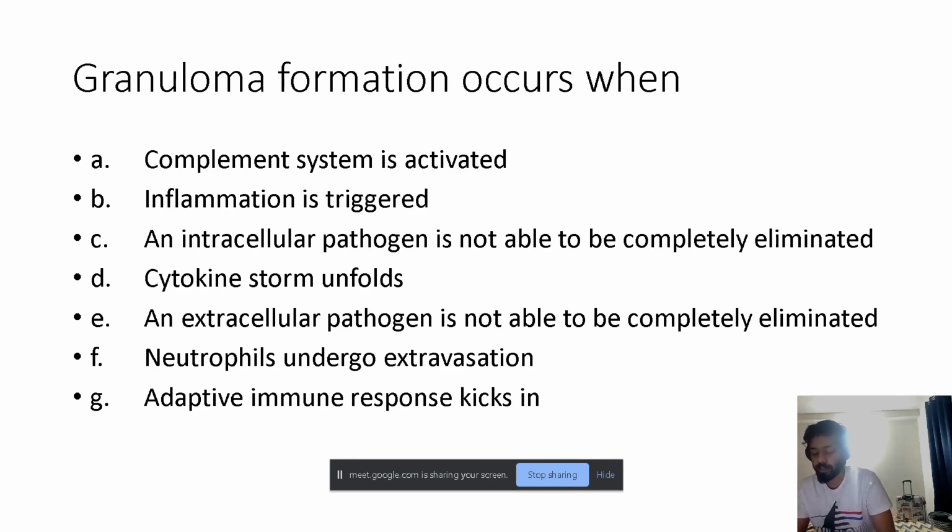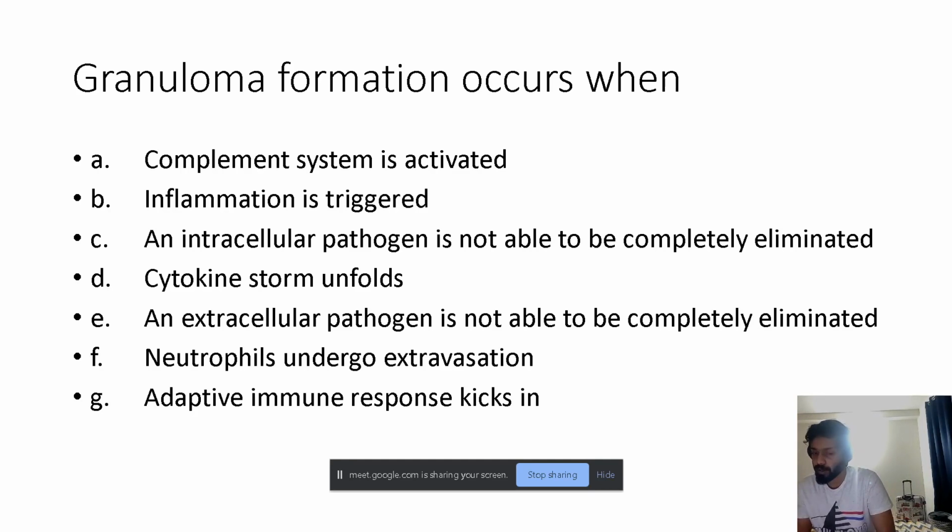To briefly explain what happens in tuberculosis, Mycobacterium tuberculosis, the bacteria, will enter the lung and get engulfed by the macrophage, right? So the macrophage will eat it up, but the problem is the bacteria is able to survive in the extremely low pH of the macrophage's lysosomes, so the macrophage is not able to kill it off.